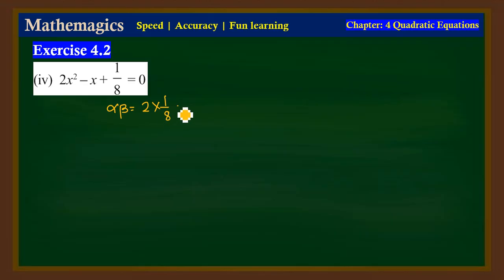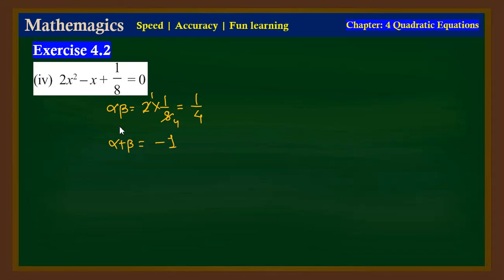So obviously the answer is 2 ones are 2 and 2 fours are 8. It means the answer is coming 1 by 4. And here alpha plus beta is equal to minus 1, as the coefficient of x is minus, and no number is written, that's why we have to take it as minus 1.